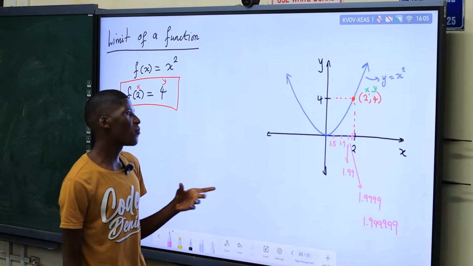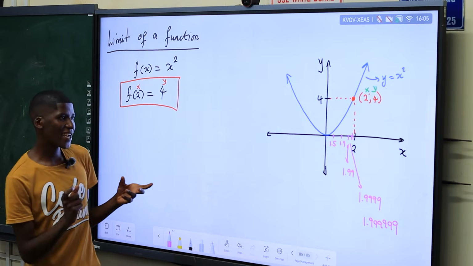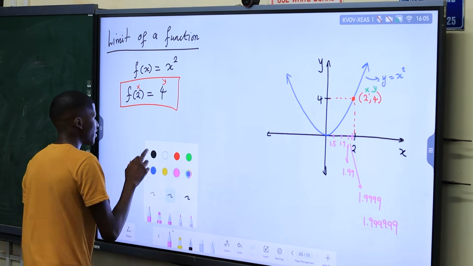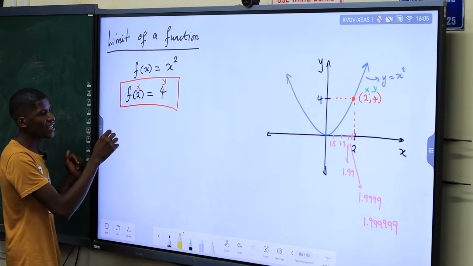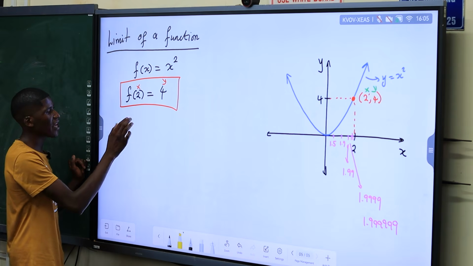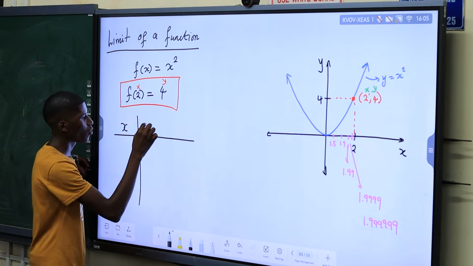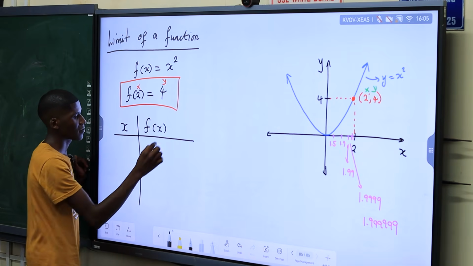So now my mind says, let someone take their calculator and put in these values, and we will see what happens. Let's say we have our x here, and then f at x that we get.